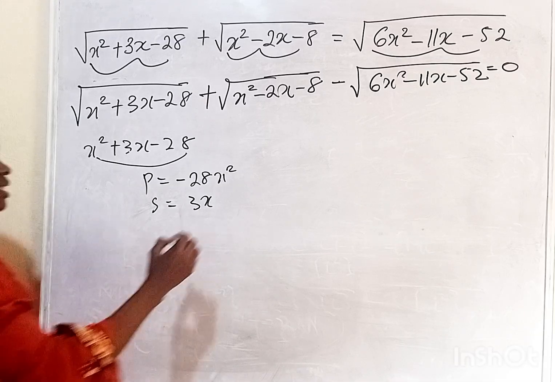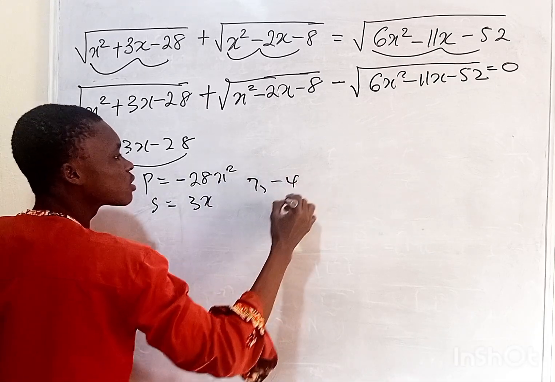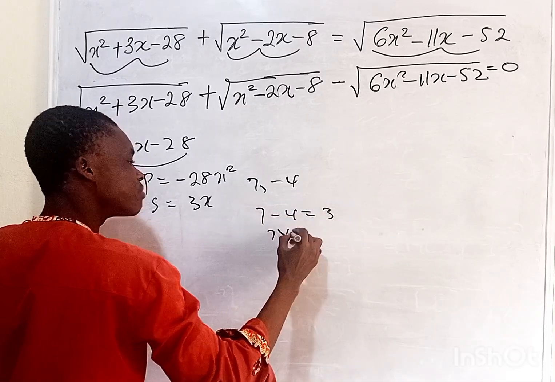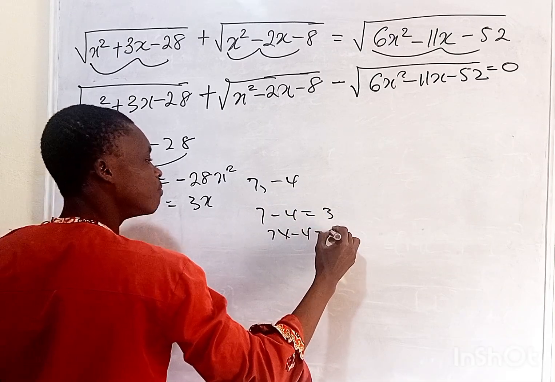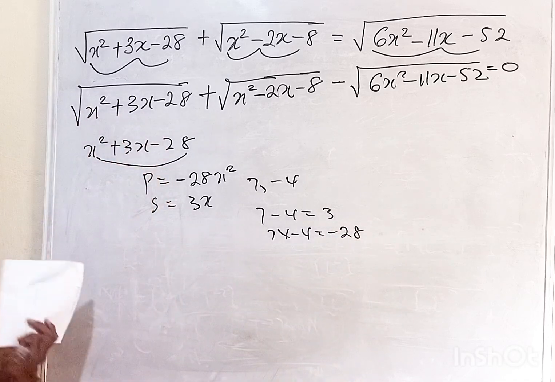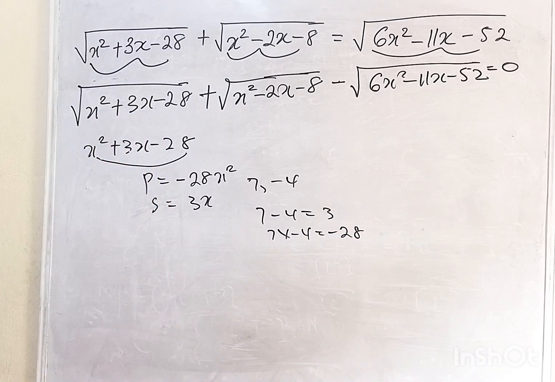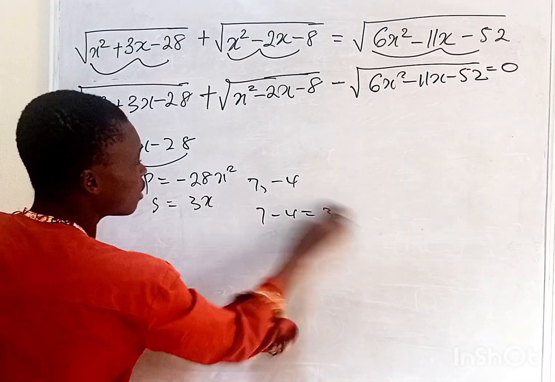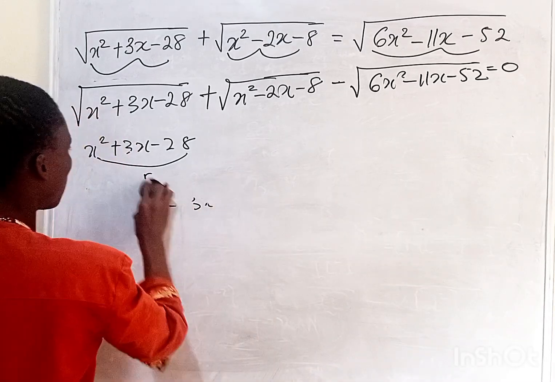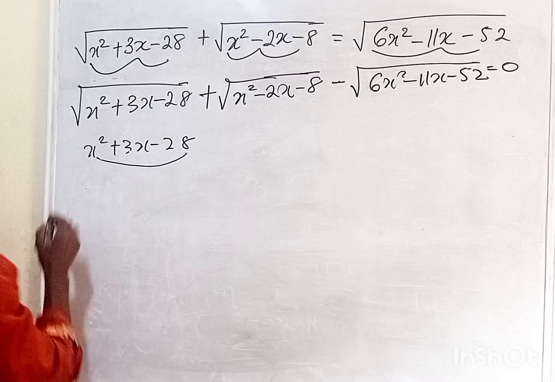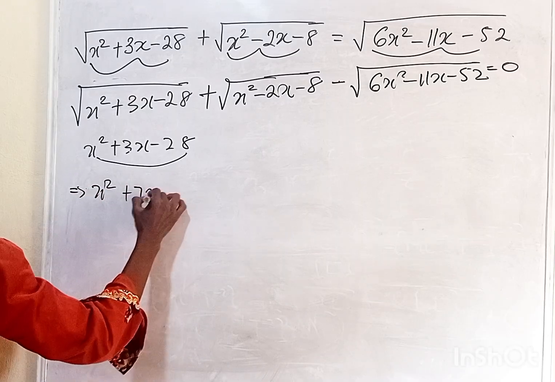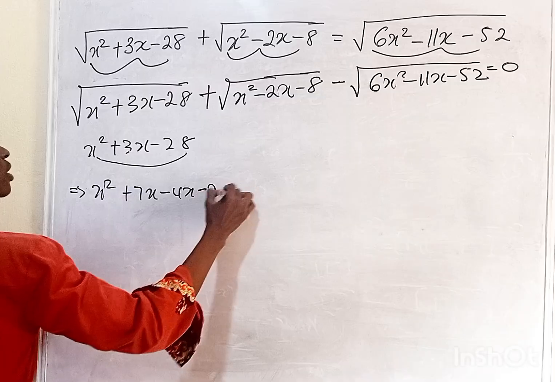So we know that those two numbers are 7 and minus 4, because 7 minus 4 is 3, and 7 times negative 4 gives us negative 28. All right, let's proceed. So from here we know that x squared plus 7x minus 4x minus 28.